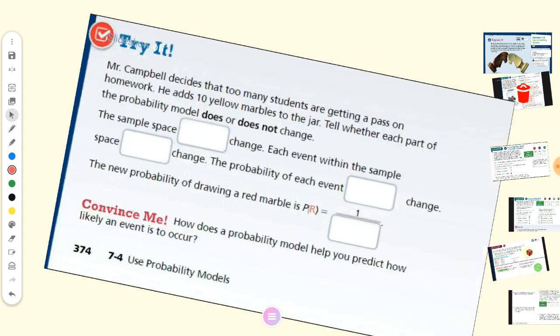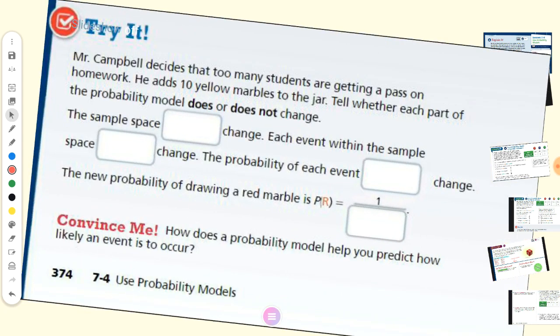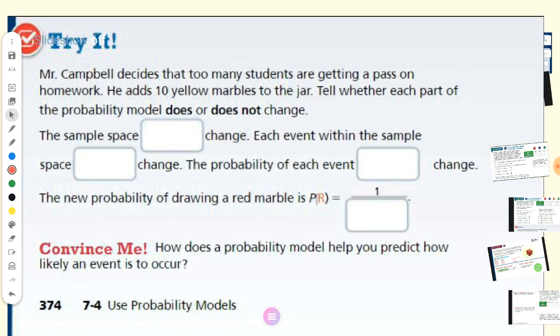Now try to solve it together. Just write does or does not. Mr. Campbell decided that too many students are getting a pass on homework. He added 10 yellow marbles to the jar. Tell whether each part of the probability model does or does not change.